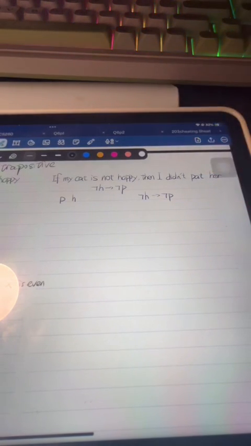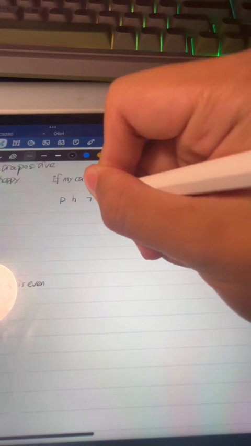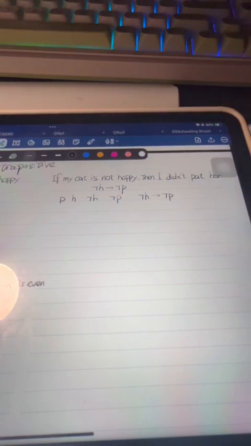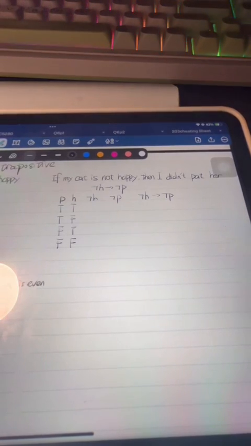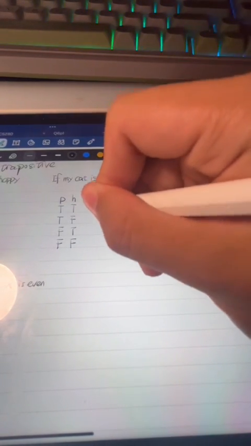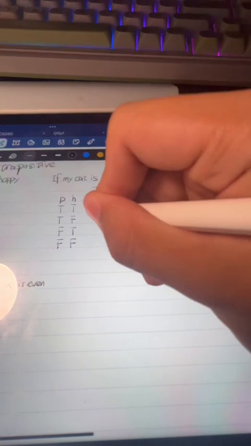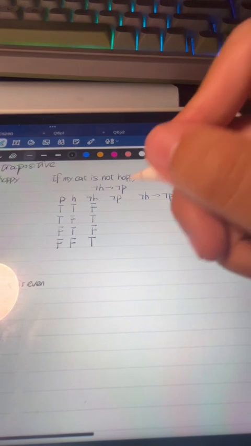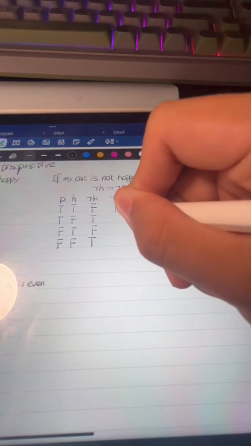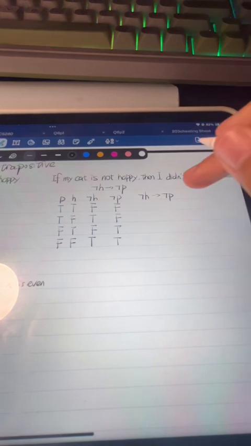What can you list to directly get if not H, then not P? We list not H and then not P. We still list P and H to make it exactly the same as the left side: true, true, false, false, and H is true, false, true, false. Not H is false, true, false, true. Not P is the negation of P, so this is false, false, true, true.